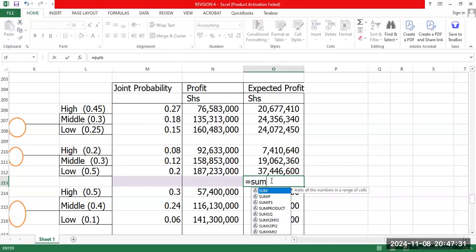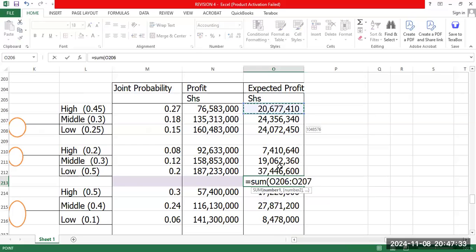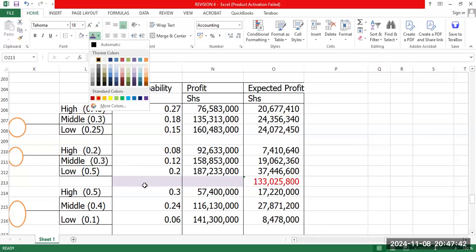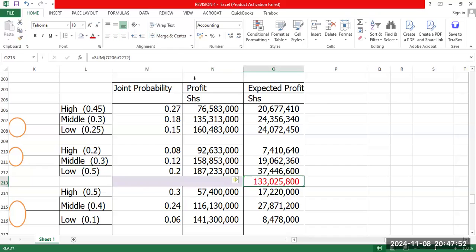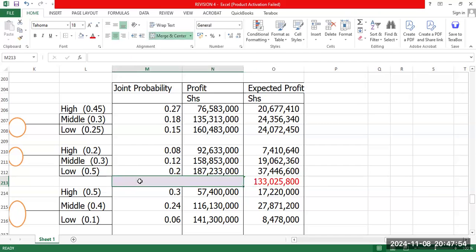If you sum from here up to here, what do you get? That's what I have. This is my total. First sum and see whether you get that.